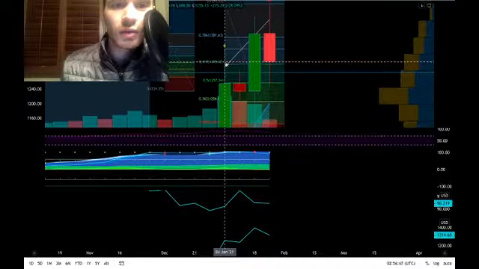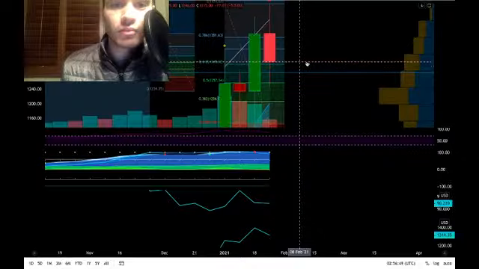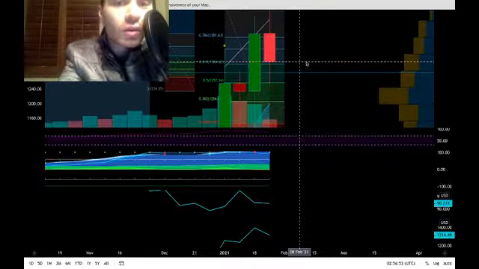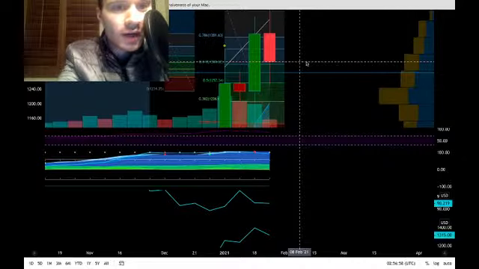So what you're looking at here is the line that I have drawn, the 0.5 or halfway point of the candlestick, and we drew it in parallel to the green candlestick body specifically.